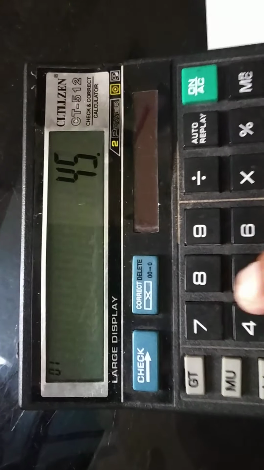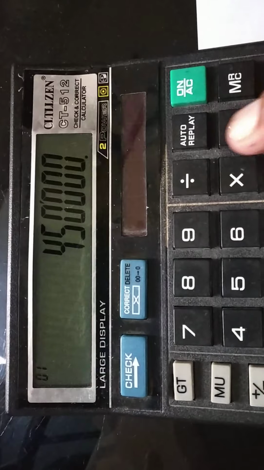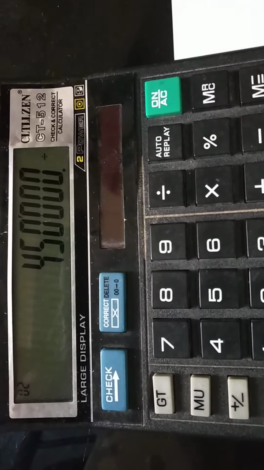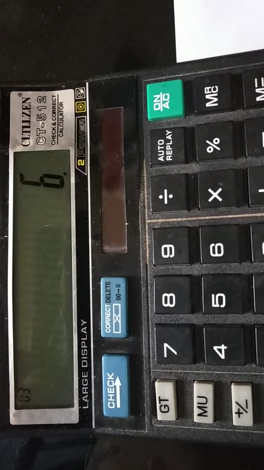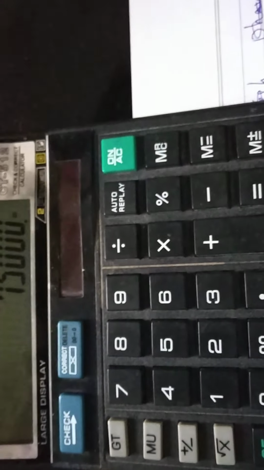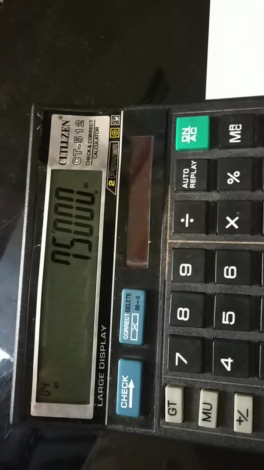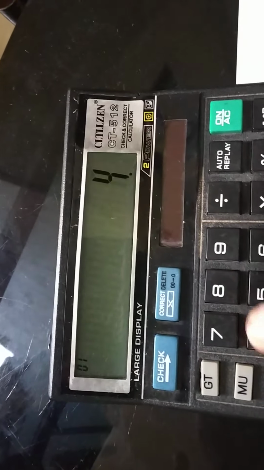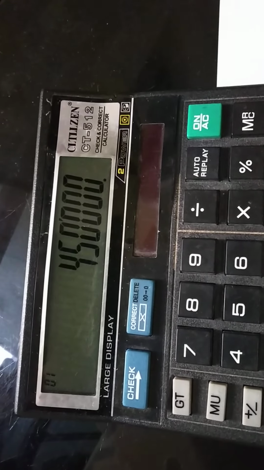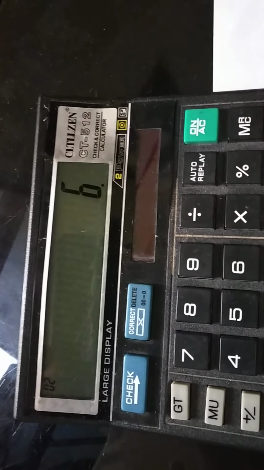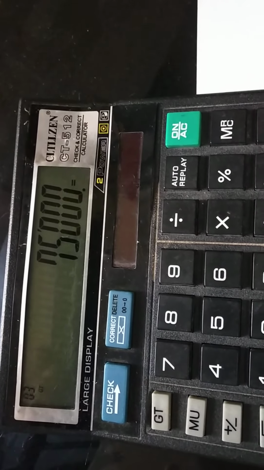So 4,50,000 into 1 divided by 1 plus 3 plus 2, that is 6. So the amount for partner A is 75,000.